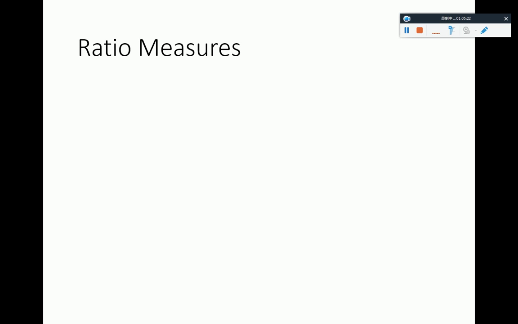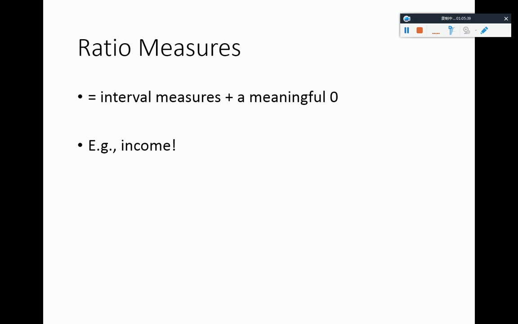Lastly, we have ratio measure, and ratio measure simply is to provide a meaningful, not an arbitrary, 0 point to an interval measure. Okay, so an example would be income. When you have a 0 on the scale for income, the 0 here is not arbitrary.